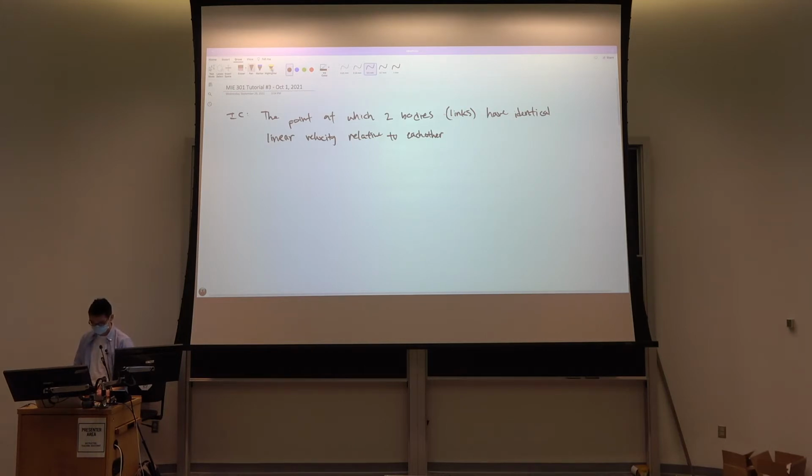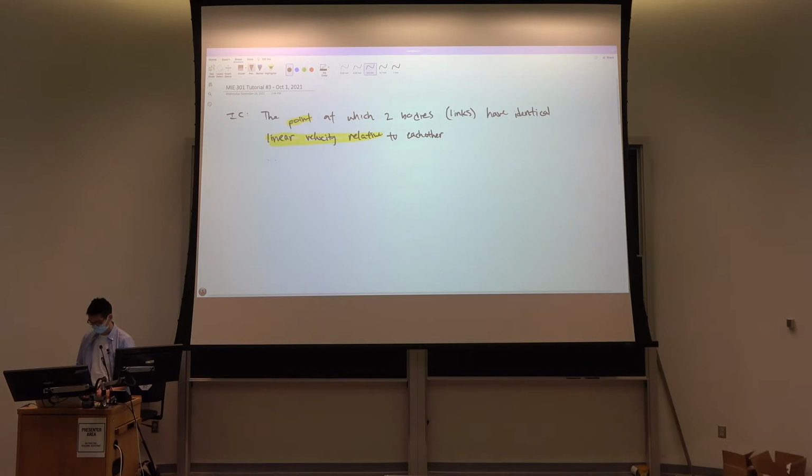So the key point here is it's a point. Okay, it's just one point. And they have identical linear velocity, relative linear velocity. So that's the important part. So they can both be moving at that point. They just have to be moving in the same direction at the same speed.